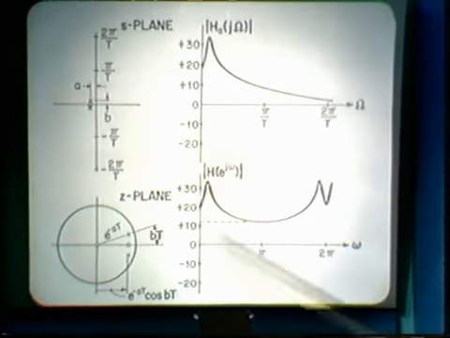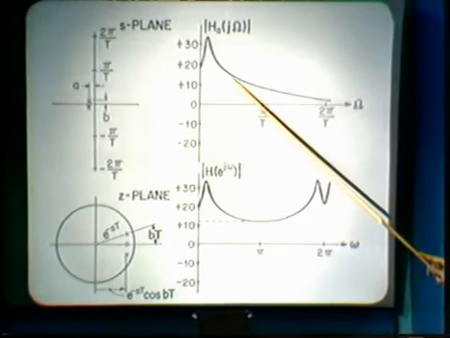And one of the important aspects of the impulse invariant procedure, which I pointed out last time, is that except for aliasing, and that's a big except for aliasing, the frequency response has the same general shape in the discrete domain as it does in the continuous domain.